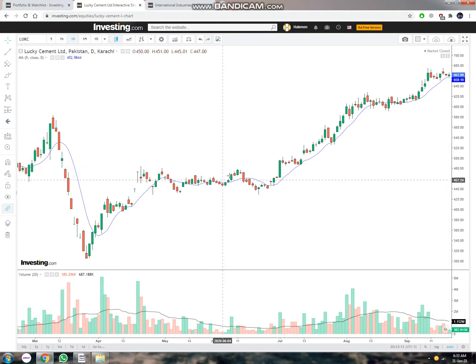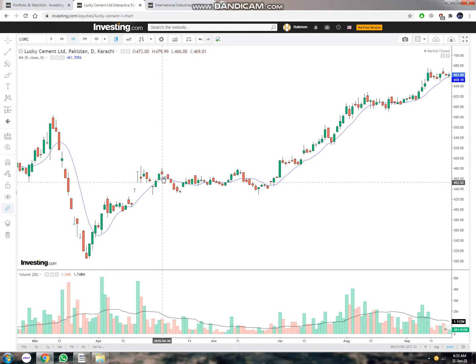So you will have to wait for it to form support and resistance levels in any stock, because when it forms support and resistance levels, from there you will have to trade the stock. Those levels show that this is a side trend, and whenever it breaks that side trend on the upside or the downside, it will show an uptrend or downtrend. So you will have to wait for it to give you signs that it will be either bullish or bearish.